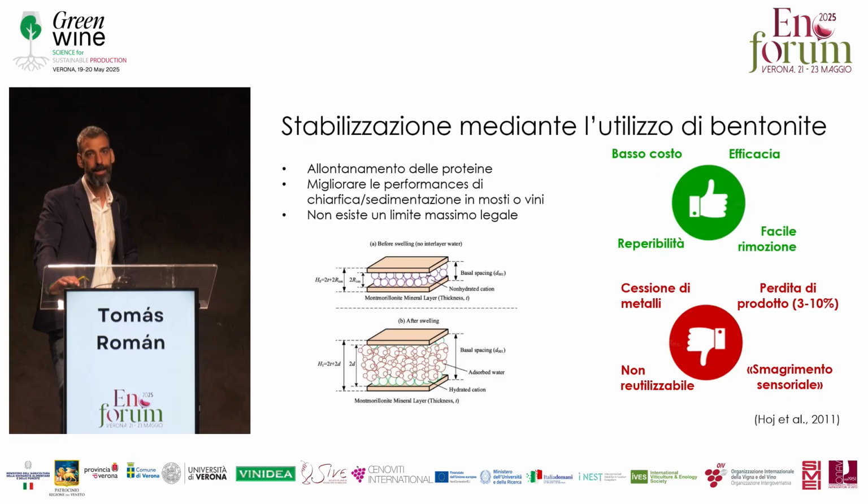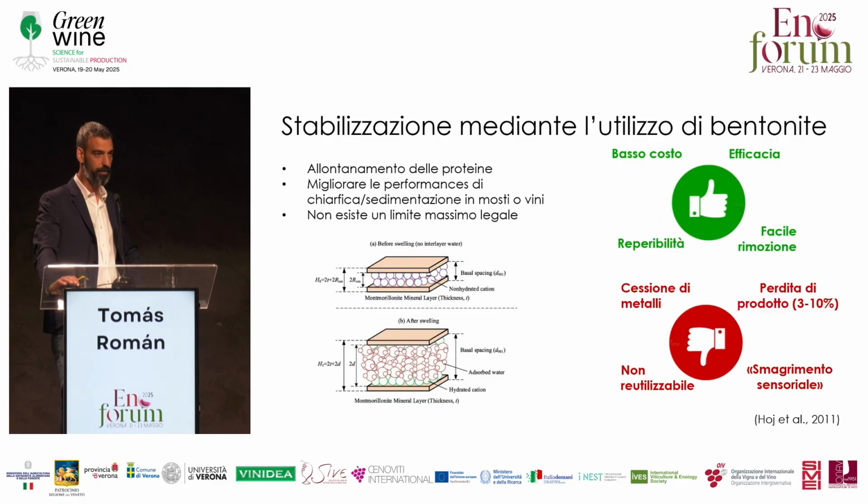Now, as part of this, the alternative that has historically been used to prevent the problem, which has favored us on many occasions and allowed us to reach some level of stability, was bentonite.